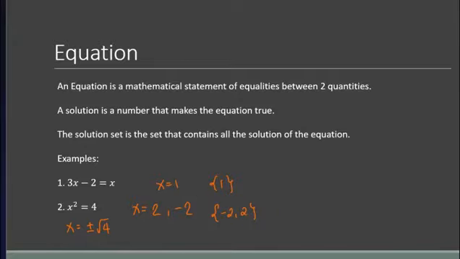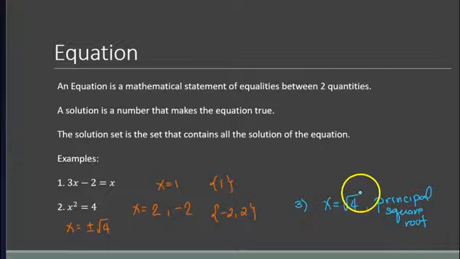Now, let me give another example to clarify this. If my question is written in this form, that means I'm just looking for the principal square root, because I am using the radical sign. So this radical sign means that we are looking only for the principal square root.